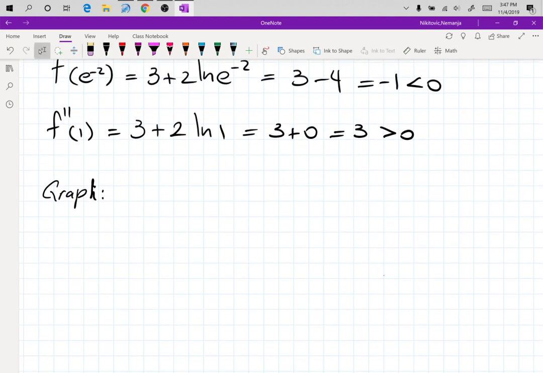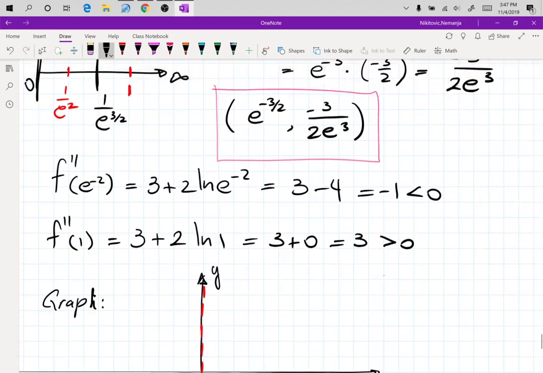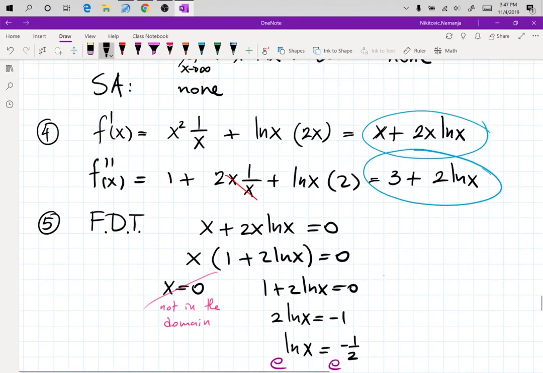We draw, we don't have to concern ourselves with a negative, because we know that there is a barrier here and there's no function to the left. That's our y-axis, it's our x-axis. And now let's see what points we have.